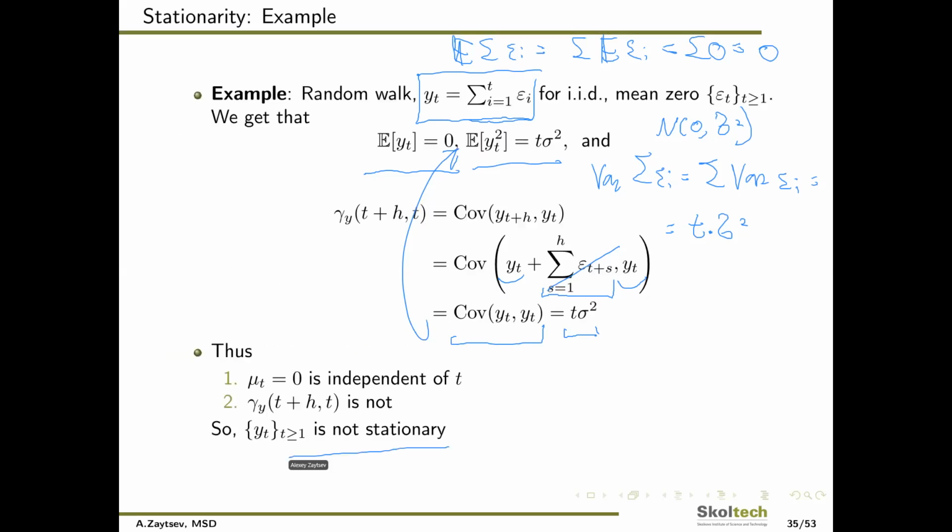But we can easily proceed and replace this non-stationary model with a stationary one. If we consider yt plus 1 minus yt, it is equal to epsilon t plus 1. And this is basically the white noise we had on the previous slide.